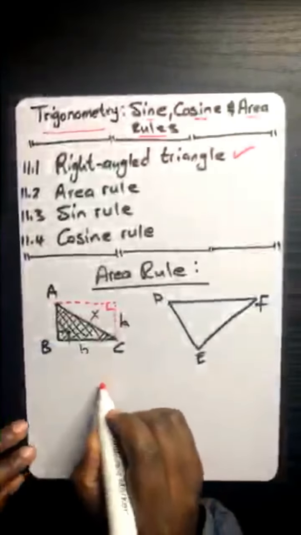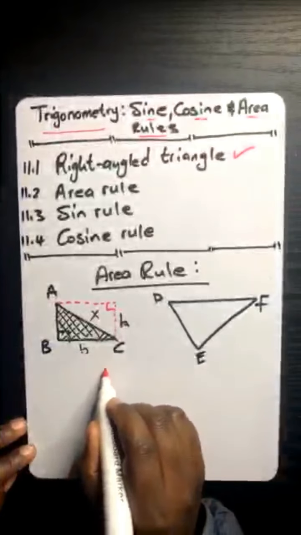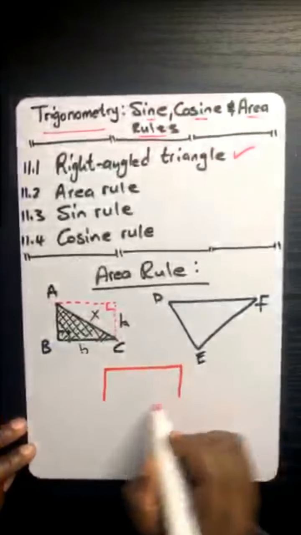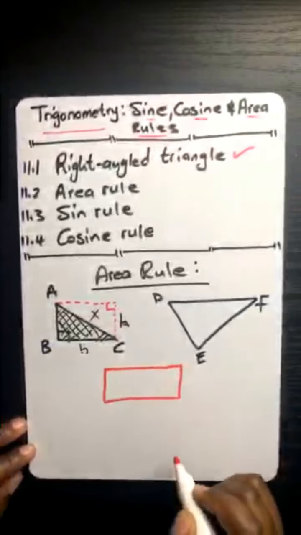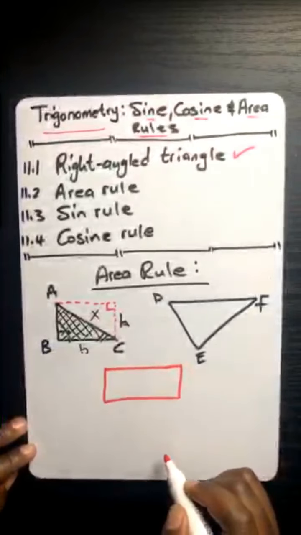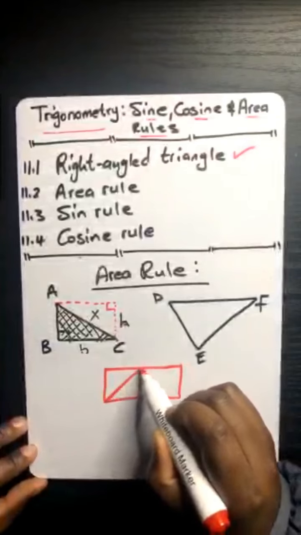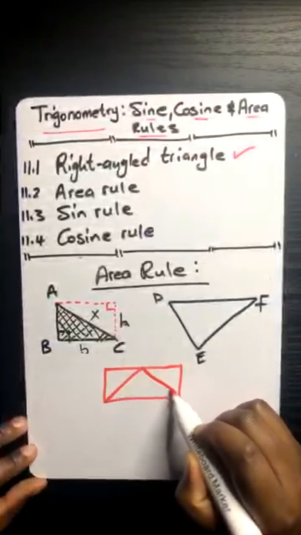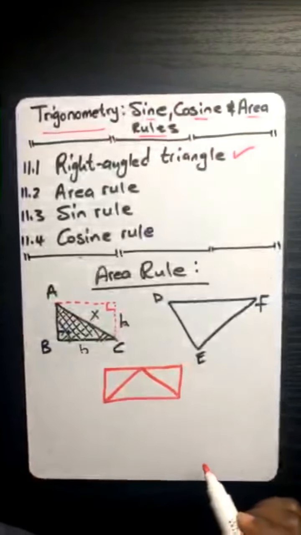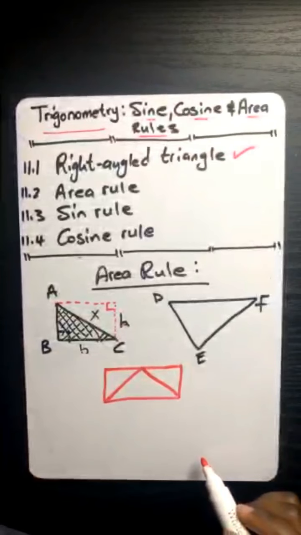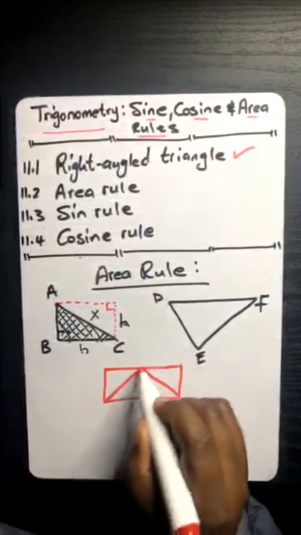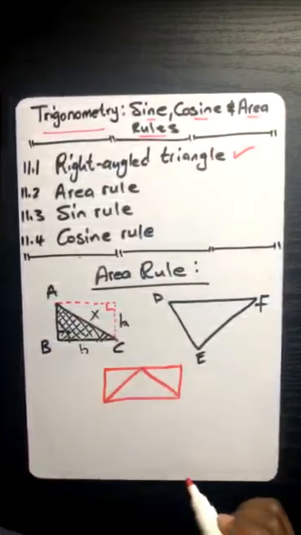Let's see. Remember, I just said it firstly started as a rectangle or a square. It doesn't really matter that much. Let's say this thing is somehow cut such that it actually has this triangle.